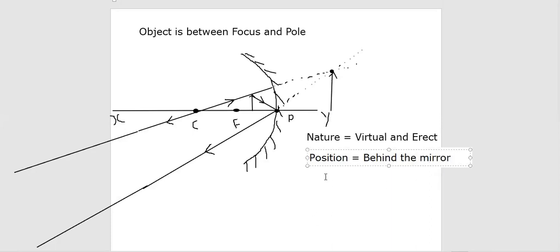Position of the image will be behind the mirror or behind the concave mirror. You can write anything. Size of the image will be enlarged or magnified. Understood?